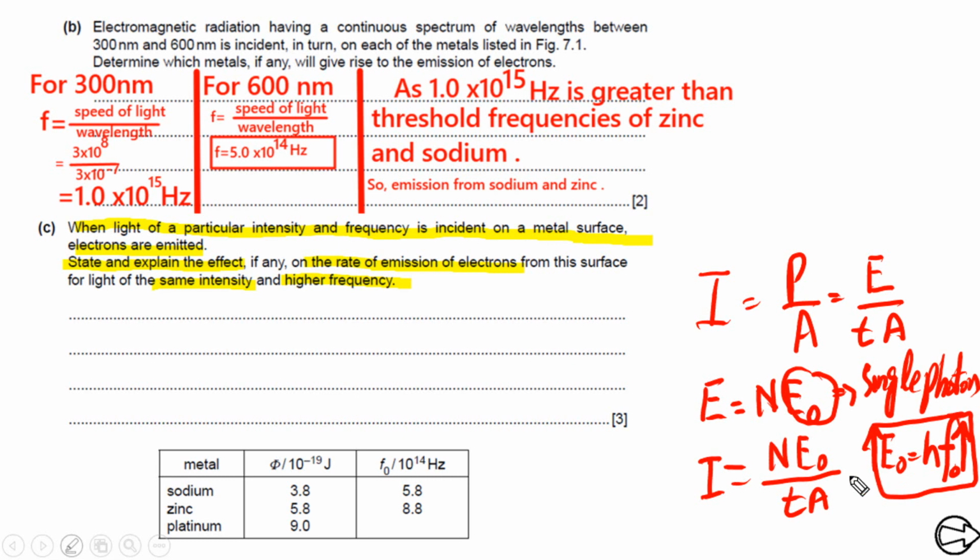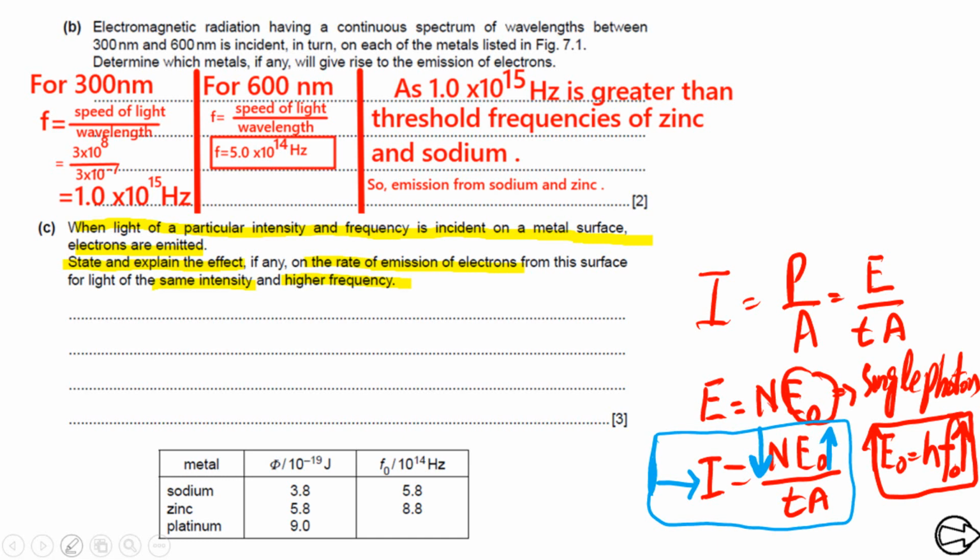If we increase this energy but we are not changing the intensity, what is the effect on the number of photons? It simply means that the number of photons will go down. This is the main idea we need to understand. If we understand this one, we can simply answer this question.